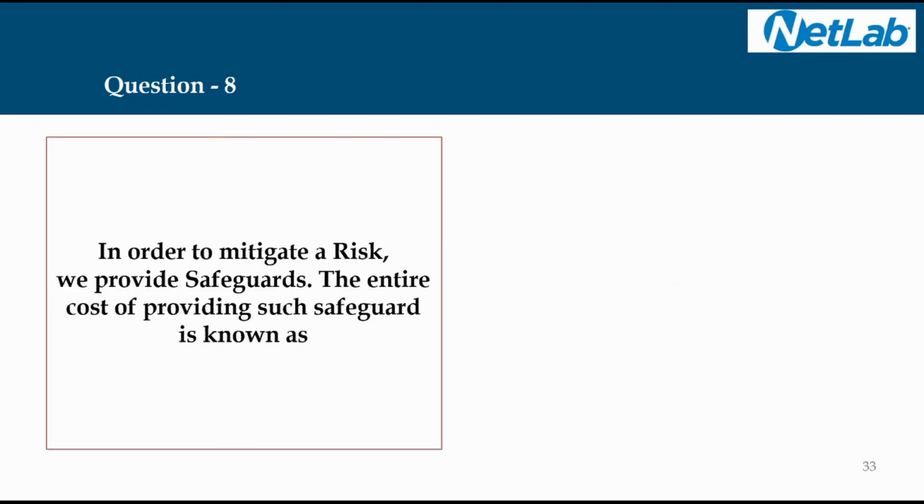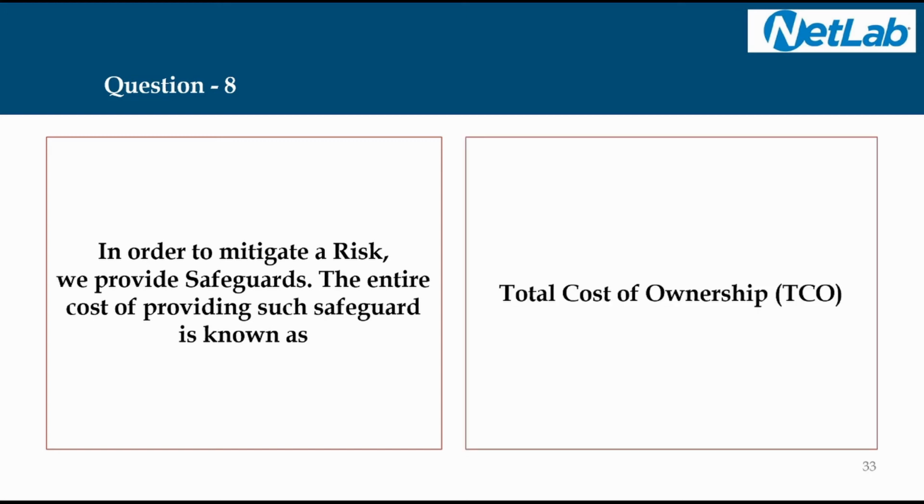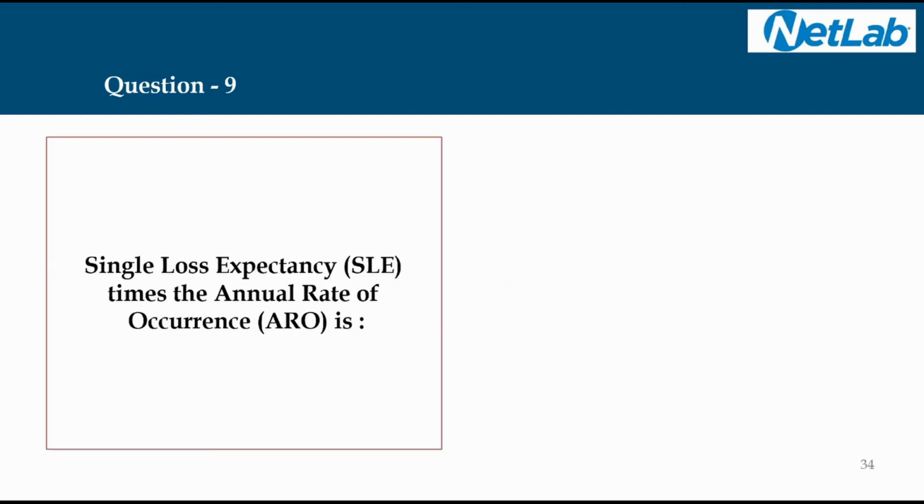Question number 8. In order to mitigate a risk, we provide safeguards. The entire cost of providing such safeguards is known as total cost of ownership, otherwise TCO. Question number 9. Single loss of expectancy, SLE, times the ARO, annual rate of occurrence.